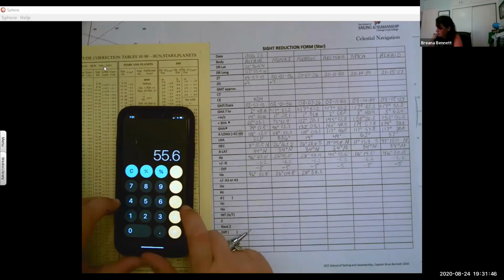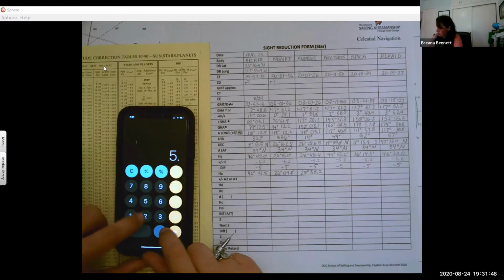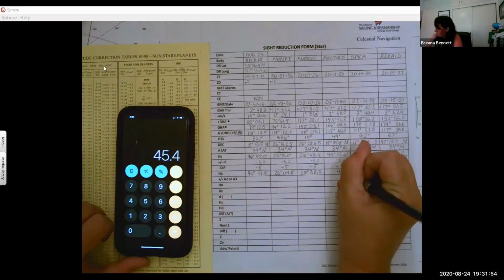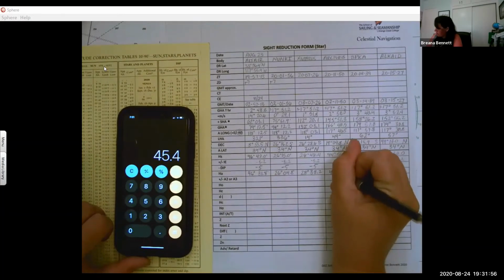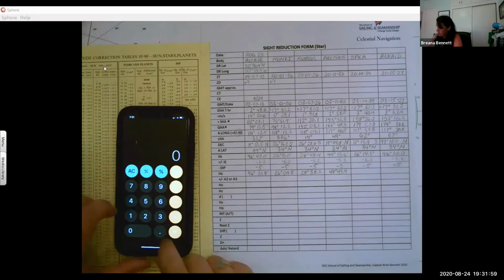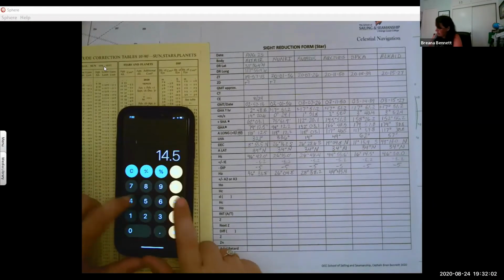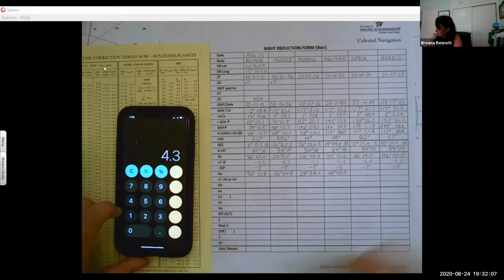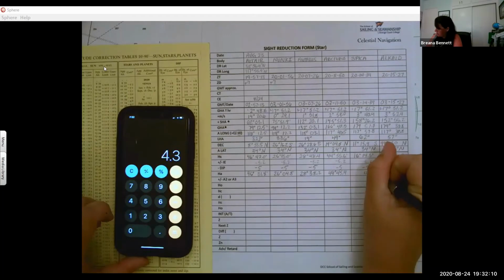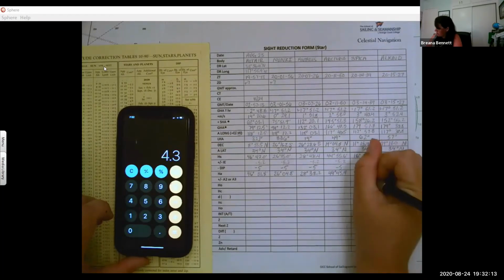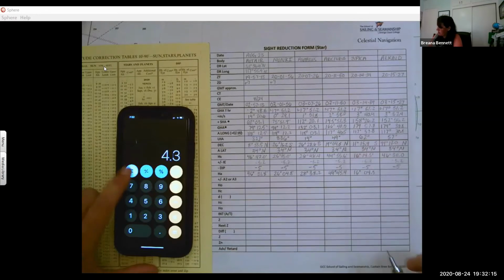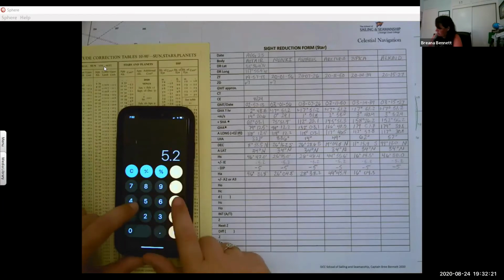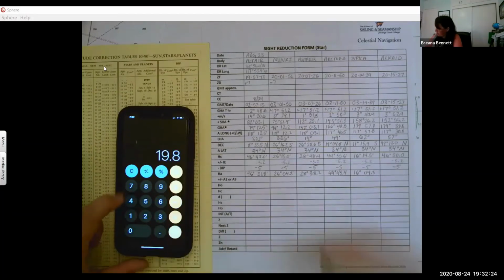55.6 minus 5.2 minus 5. 45.4. 14.5 minus 5.2 minus 5 gives us, and 30 minus 5.2 minus 5 gives.